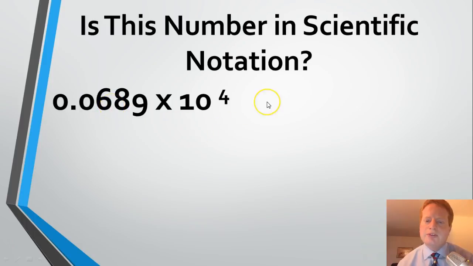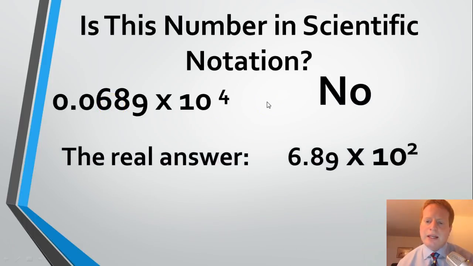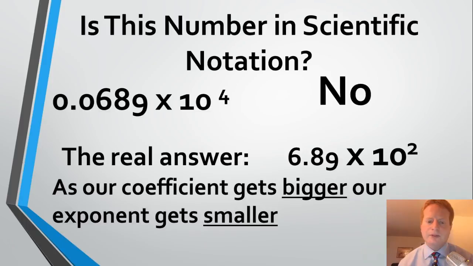So our exponent should get smaller by 2 steps. And in fact, it does. And the no is because this number is not in proper scientific notation, but this is in proper scientific notation now. Our coefficient got larger, and so our exponent got smaller by 2 steps. Okay, and that's just kind of reminding you.